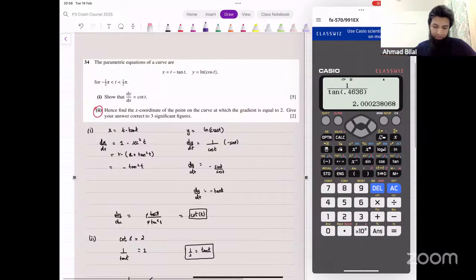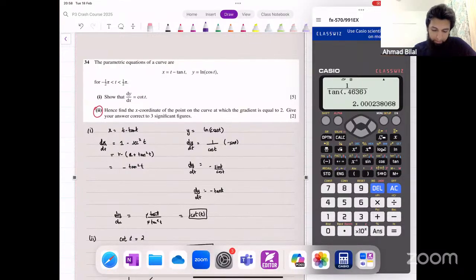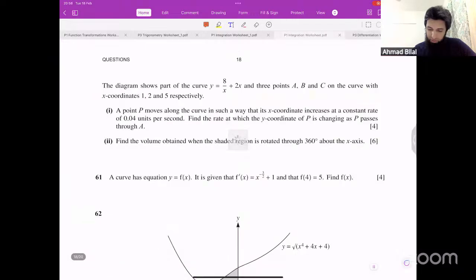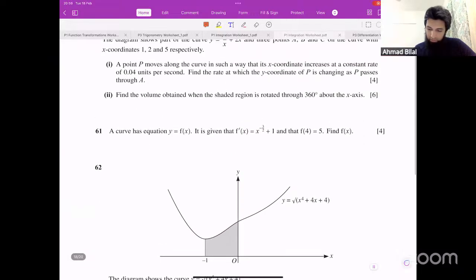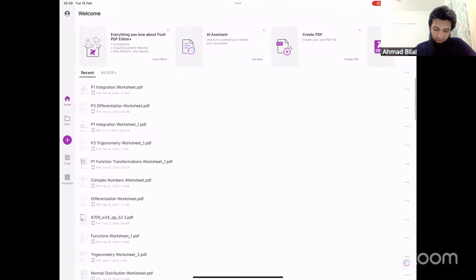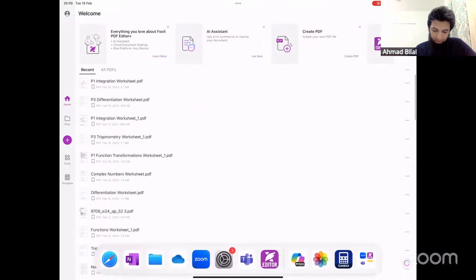अच्छा, ये मुझे बताएं. Do you have the paper number for this? नो सर, ये आपकी वर्कशीट सही है ना? अच्छा, इस दूसरी वर्कशीट में देखते हैं, इसमें पेपर नंबर्स लिखे हुए हैं. P3 differentiation. I'll be uploading these other worksheets as well.